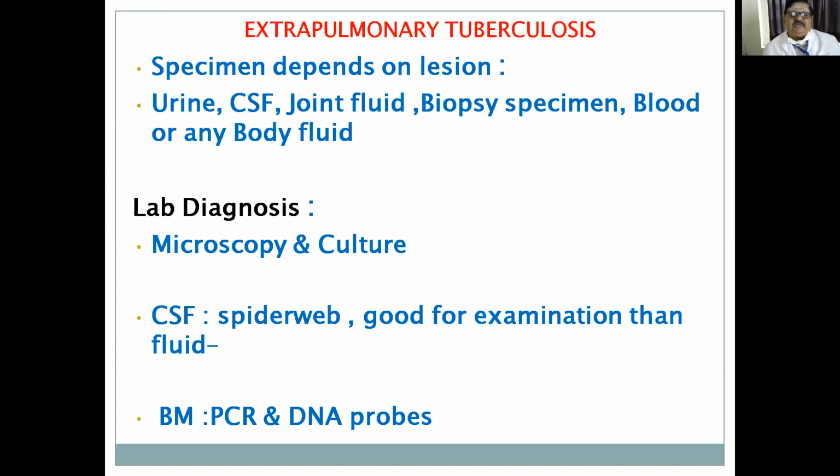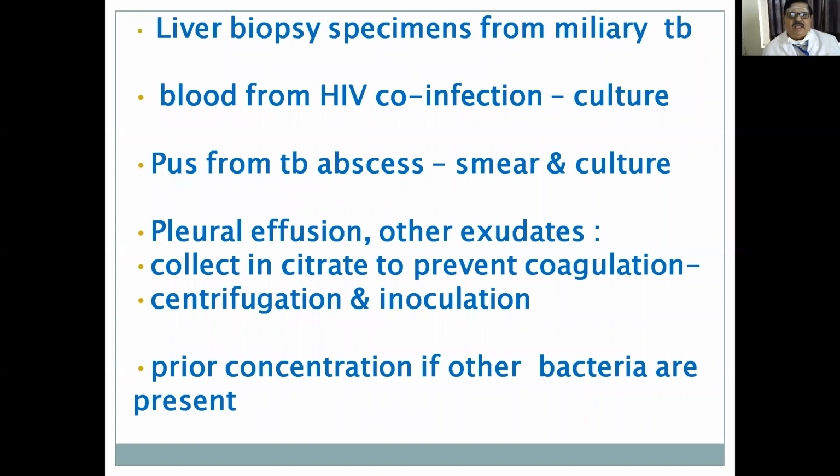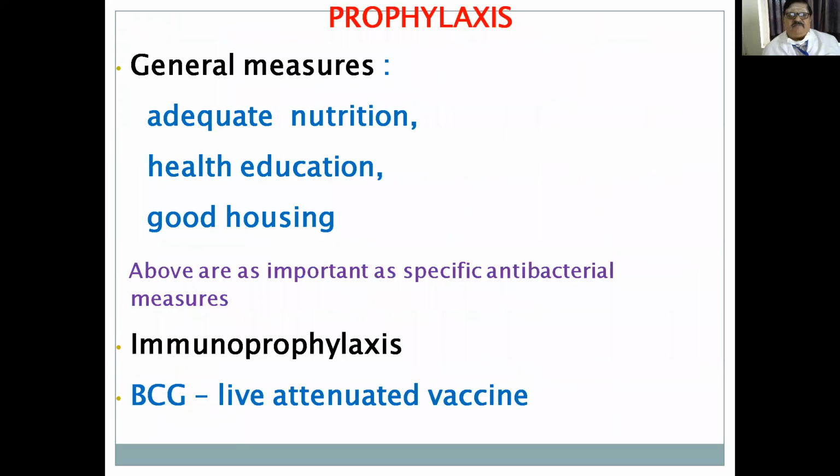Bone marrow, PCR and DNA probes. Liver biopsy in case of miliary tuberculosis. Blood from HIV co-infection. And pus from abscesses, pleural effusion and other exudates: collect in citrate to prevent coagulation, and then centrifuge and inoculate, prior to concentration if other bacteria are present.